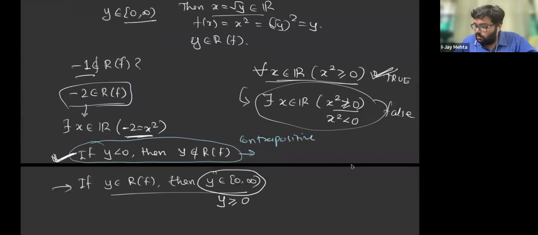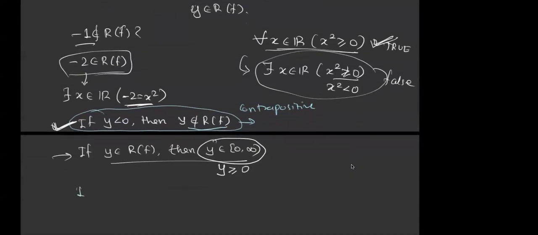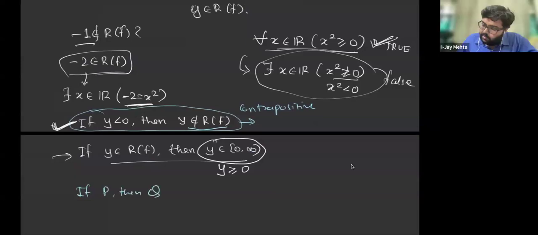Charvi, yes, sir. What is the contrapositive? If P then Q, the contrapositive is if not Q then not P. Yeah, you remember that, but now we want to do this.